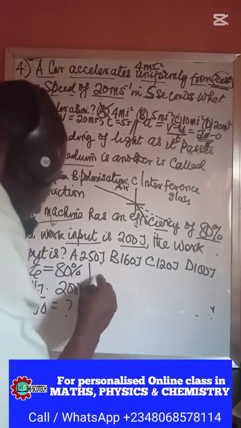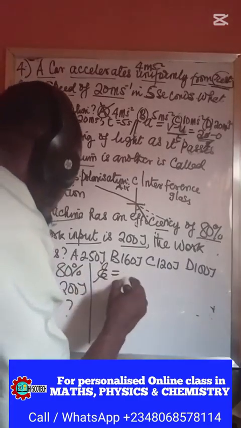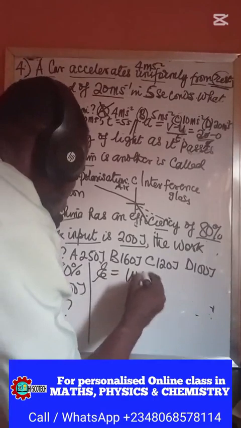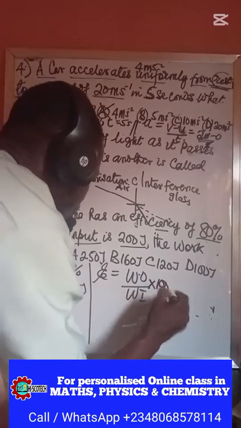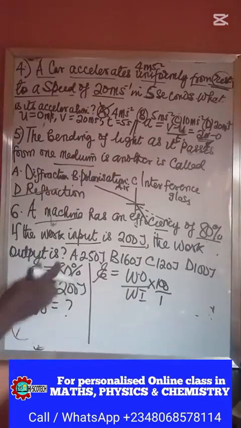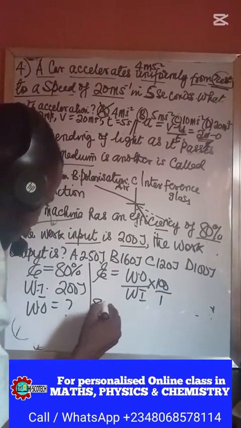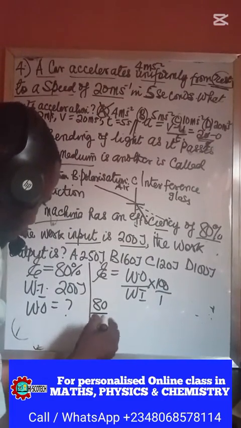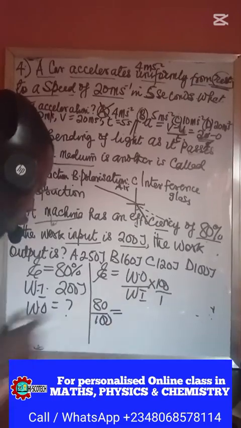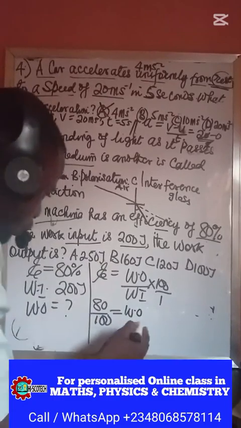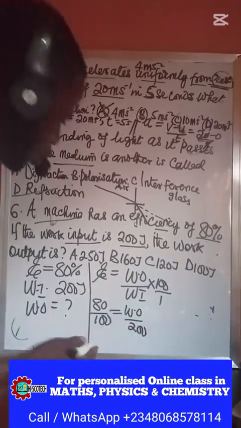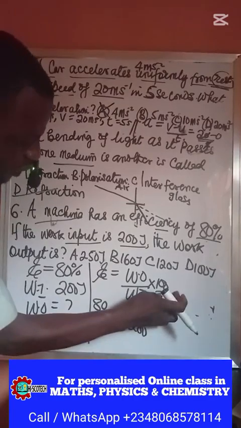Now, efficiency in machines is given by work output over work input, expressed as a percentage. In this case, we have 80%, which is 80 over 100. Work output is unknown, and work input is 200. Because I have 100 here, there's no point putting 100 here again.